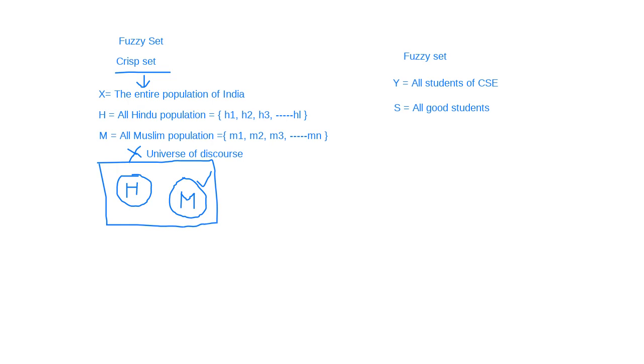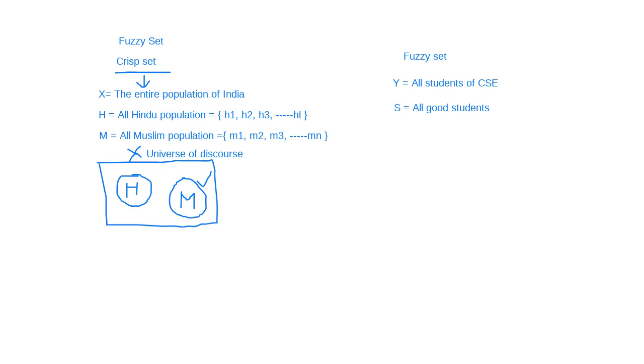And what is here? This is the fuzzy set, in which you define how good a student is. There is no clear-cut demarcation where you can say this is a good student. You have to define the degree, that is, how much goodness this student has.